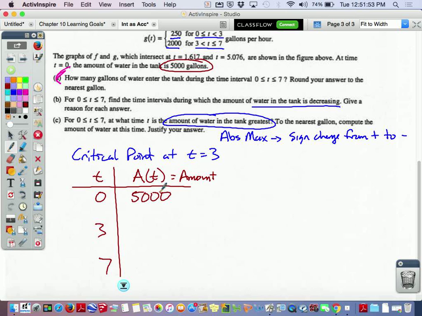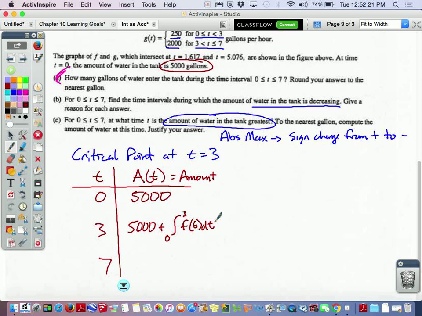For 3, we've got to take into account a few different things. We know we start with 5,000 gallons. But then we have water coming in and we have water leaving. The amount of water coming in, I can figure out by doing the integral from 0 to 3 of f of t. Then I also have water leaving, at a constant rate.